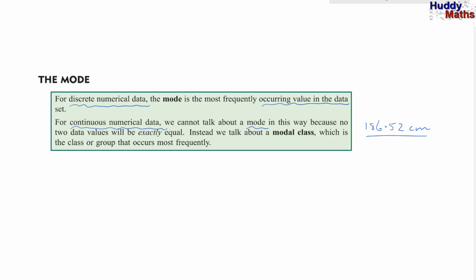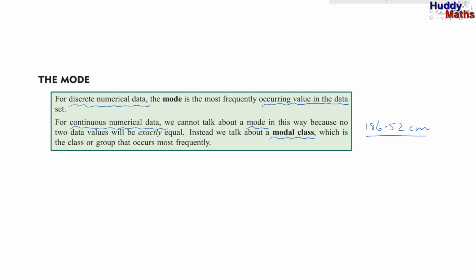If you took it down to enough decimal places, you would probably see that each person was a different height. So we usually talk about a modal class. We group continuous data into groups and form a histogram, if you remember, where there are no gaps between the groups, and therefore we talk about a modal class for continuous data.